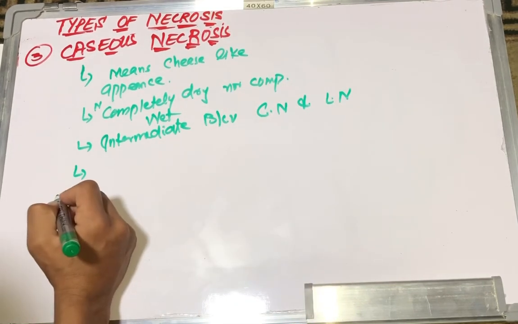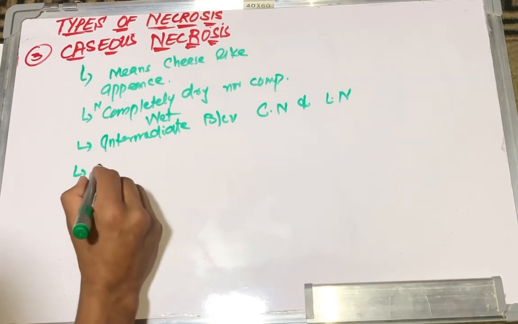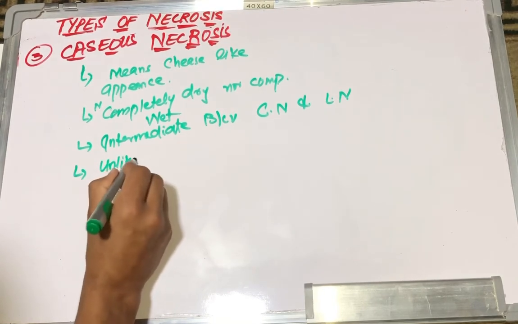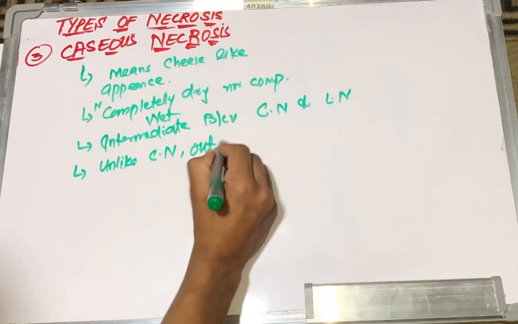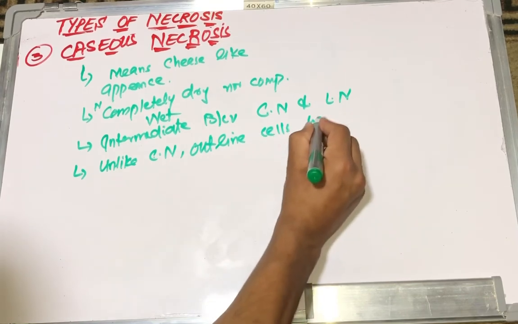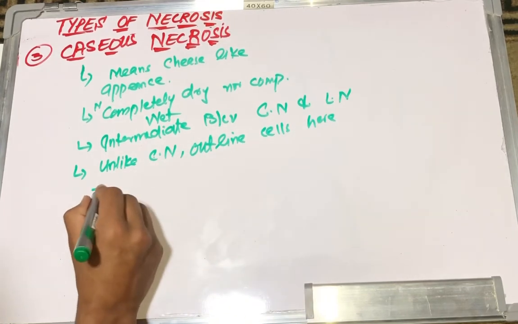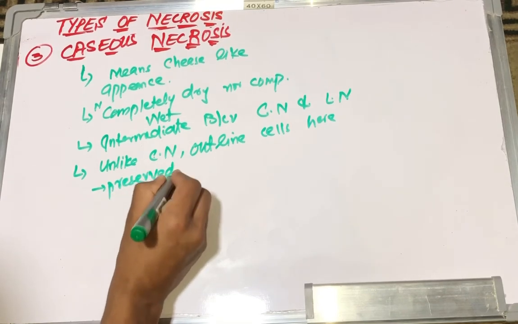Unlike coagulative necrosis, the outline of cells here is also preserved.